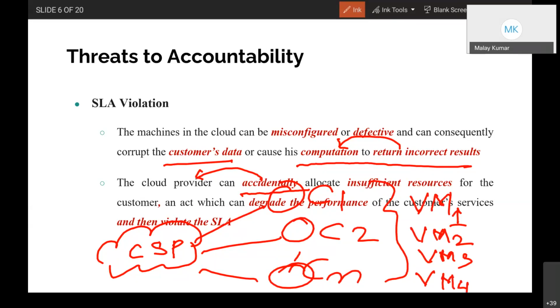These clients are also prioritized: there are retail clients and institutional clients. A retail client, like an individual user, may launch a few VMs, one, two, three, four. However, an institutional client may launch hundreds or thousands of virtual machines. So the priority of an institutional client is definitely higher than that of a retail client.